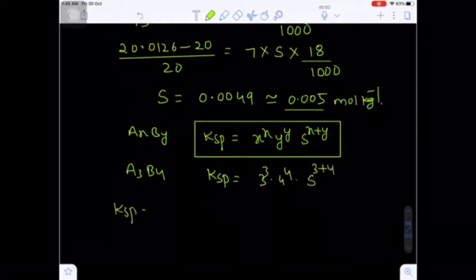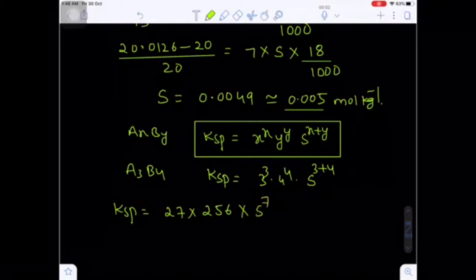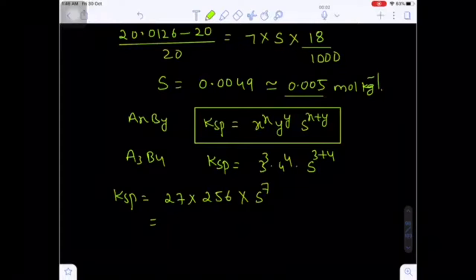That means the KSP value equals 3 cube, which is 27, and 4 to the power of 4, which is 256, and S to the power 7. So here you will get 27 multiplied by 256, 6912.